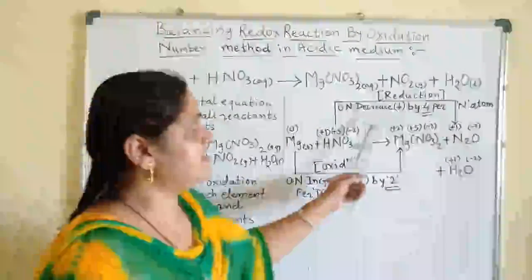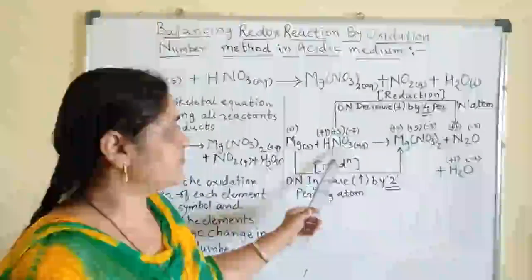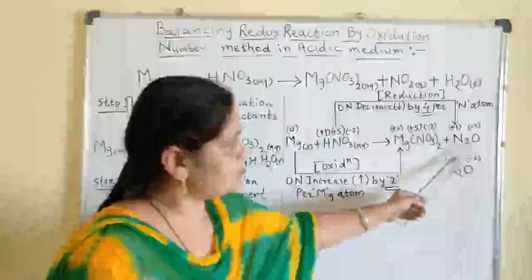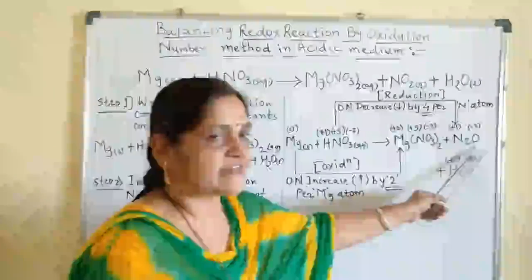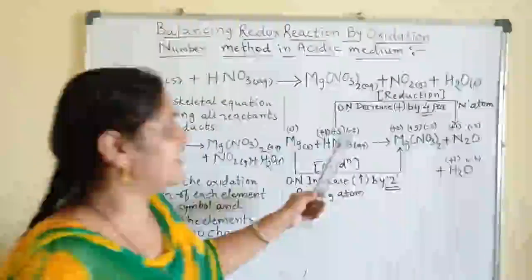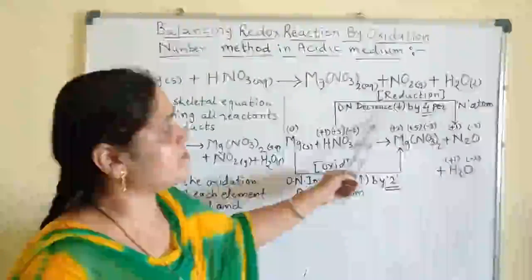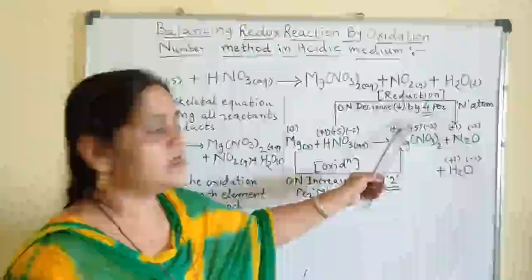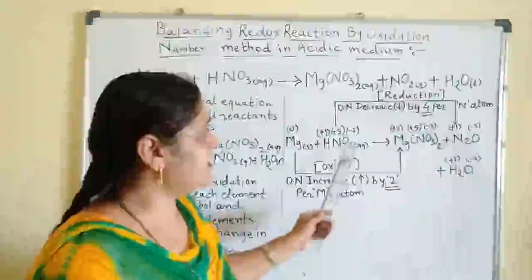When we talk about a decrease in oxidation number, here nitrogen in HNO3 is plus 5 and nitrogen in the nitrogen oxide is plus 1, so there is a decrease in oxidation number, which I have shown with the downward arrow.